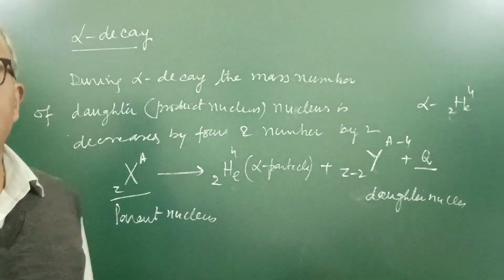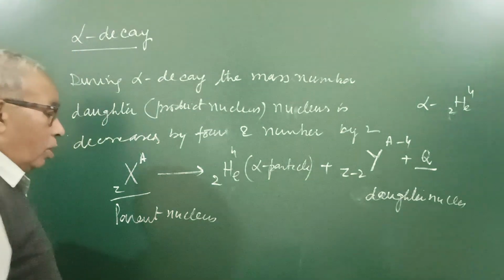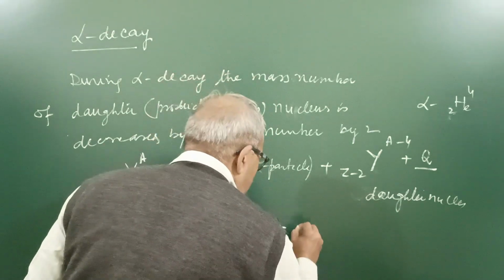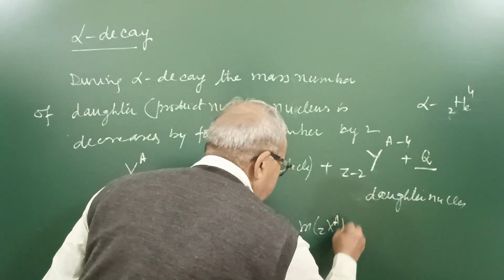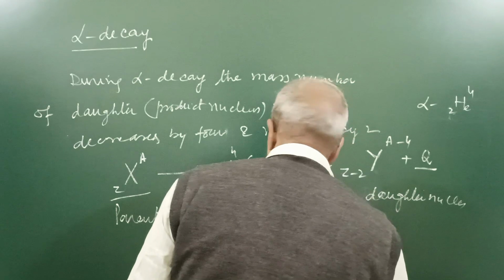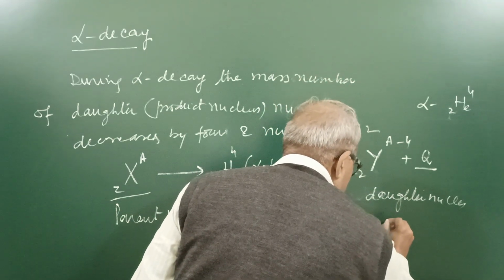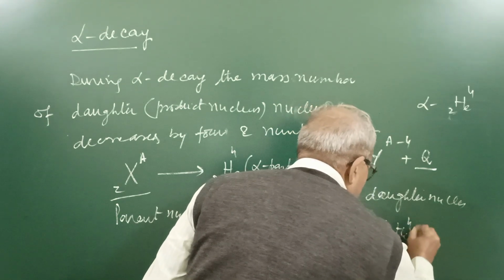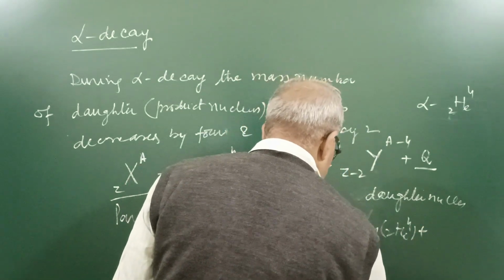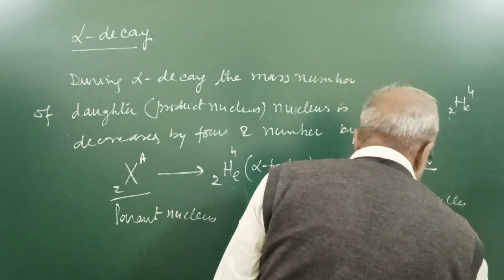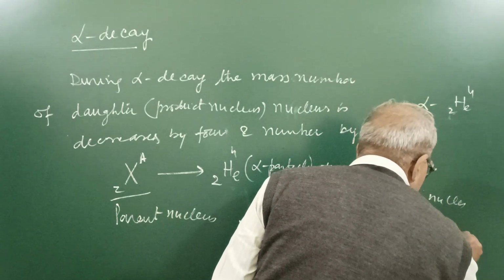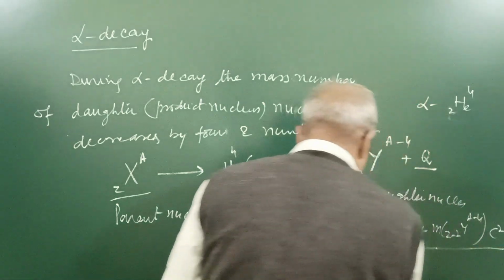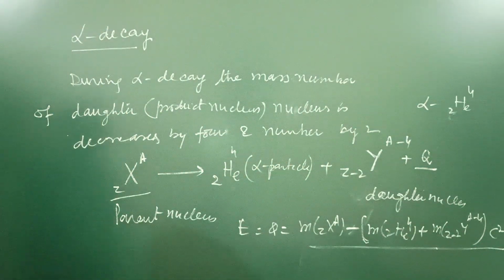Then according to Einstein's equation, the energy released, Q, is equal to [m of ZXA minus m of 2He4 minus mass of Z minus 2, A minus 4] times C square. So it will be the energy released.